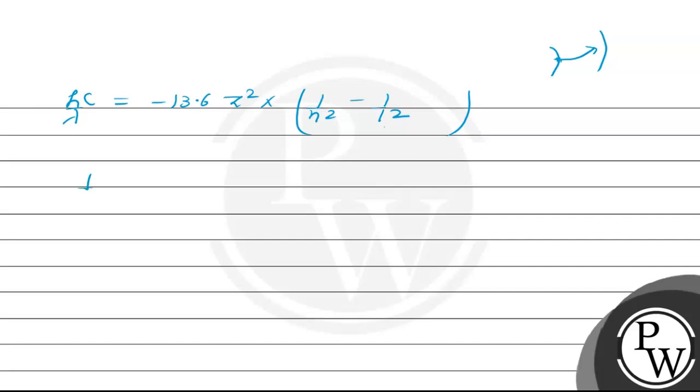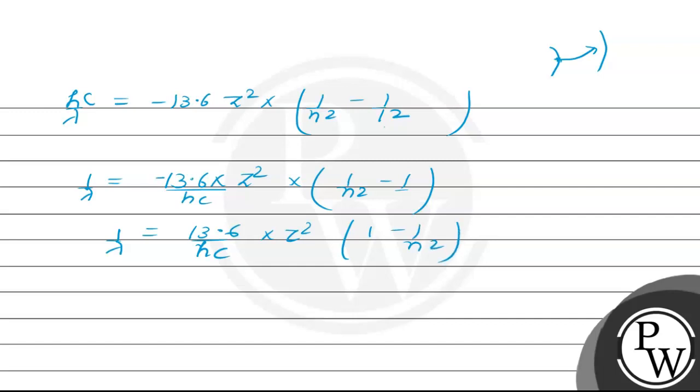So we can write 1 upon lambda equals minus 13.6 into Z square upon hc into 1 upon n square minus 1 upon 1 square, which will be 1. So 1 upon lambda equals minus 13.6. Taking minus into the bracket, this will be 13.6 hc into Z square into 1 minus 1 upon n square.